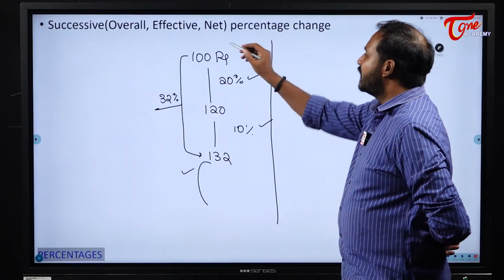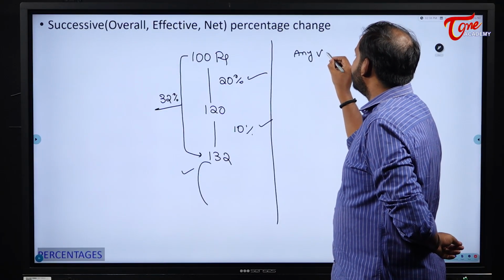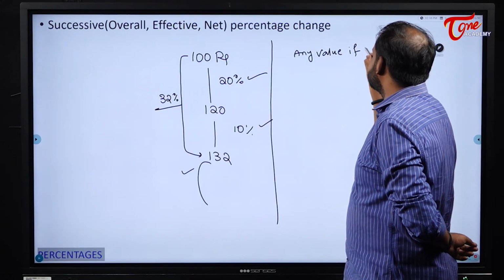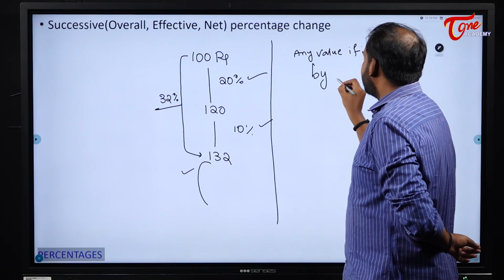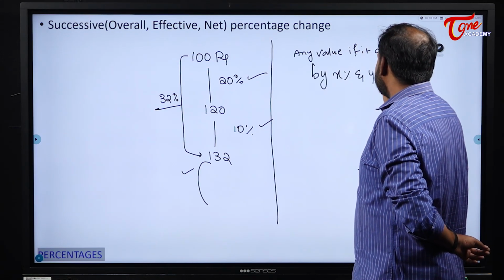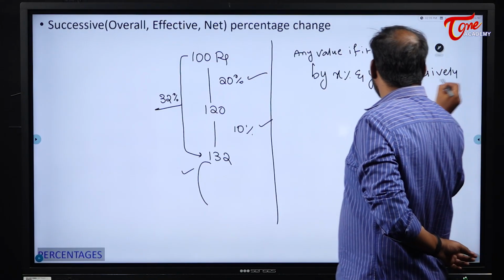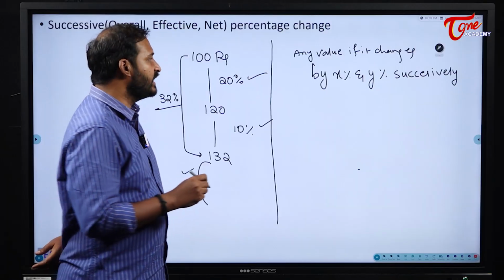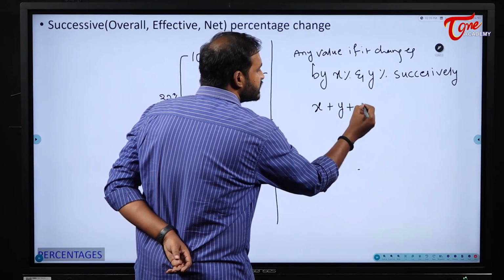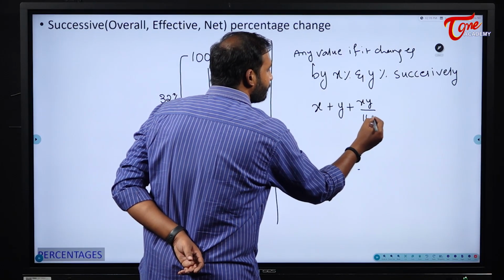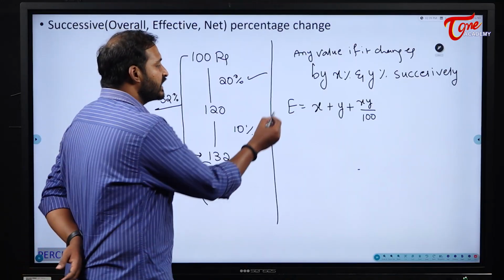Now see here, if any value changes by X% and Y% successively, then the effective change in the percentage becomes X plus Y plus XY by 100.